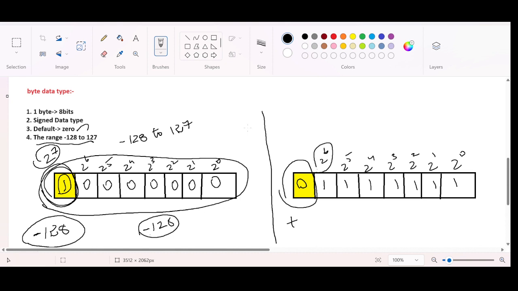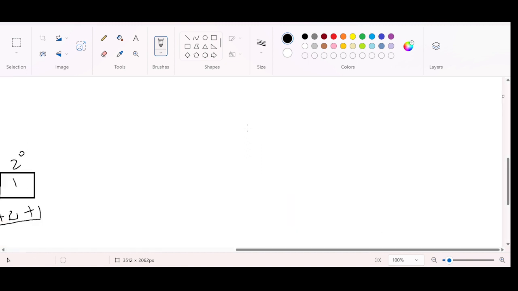Just do the direct substitution. 2 to the power of 6 is equal to 64, plus 2 to the power of 5 is 32, plus 2 to the power of 4 is 16, plus 2 to the power of 3 is 8, plus 4, plus 2, plus 1. If you evaluate this, you will be getting 127. So this is the maximum value that the byte data type is going to occupy, and this is the minimum value.